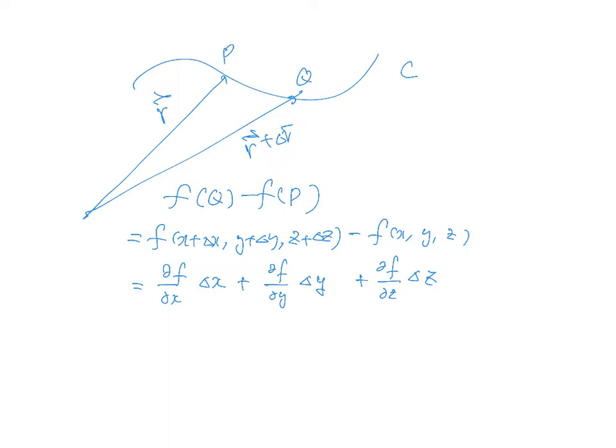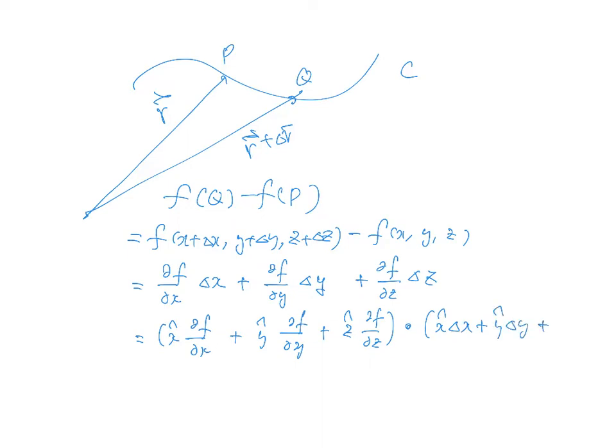We might write this as an inner product of two different vectors, such as (partial f/partial x, partial f/partial y, partial f/partial z) dot (delta x, delta y, delta z). And this is nothing but delta r, right? Delta r vector.